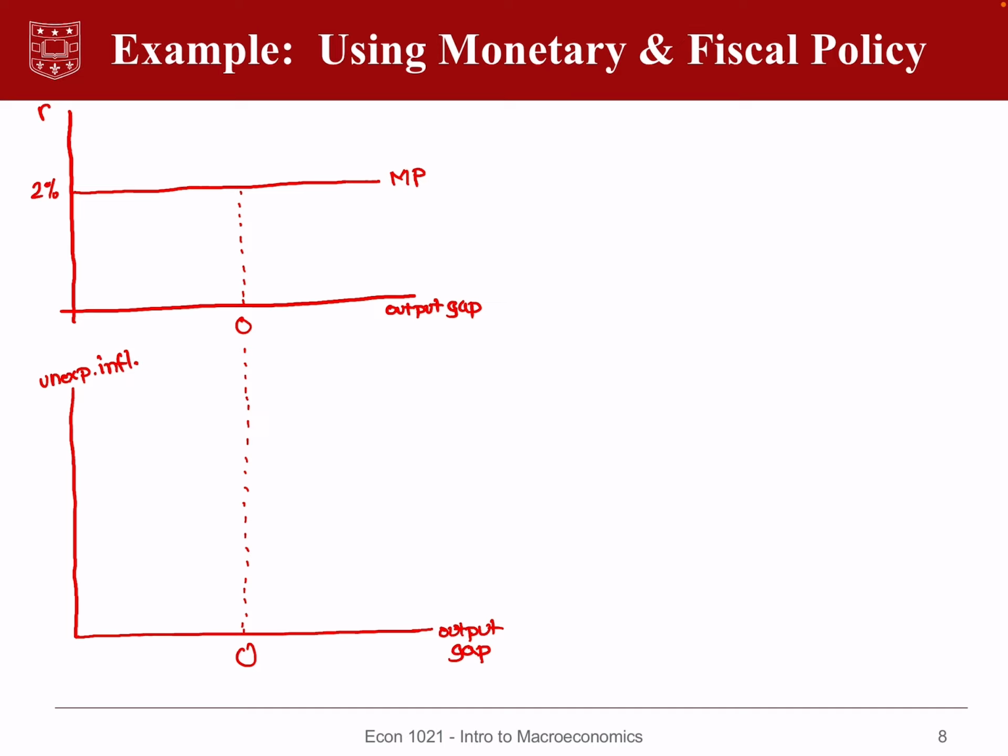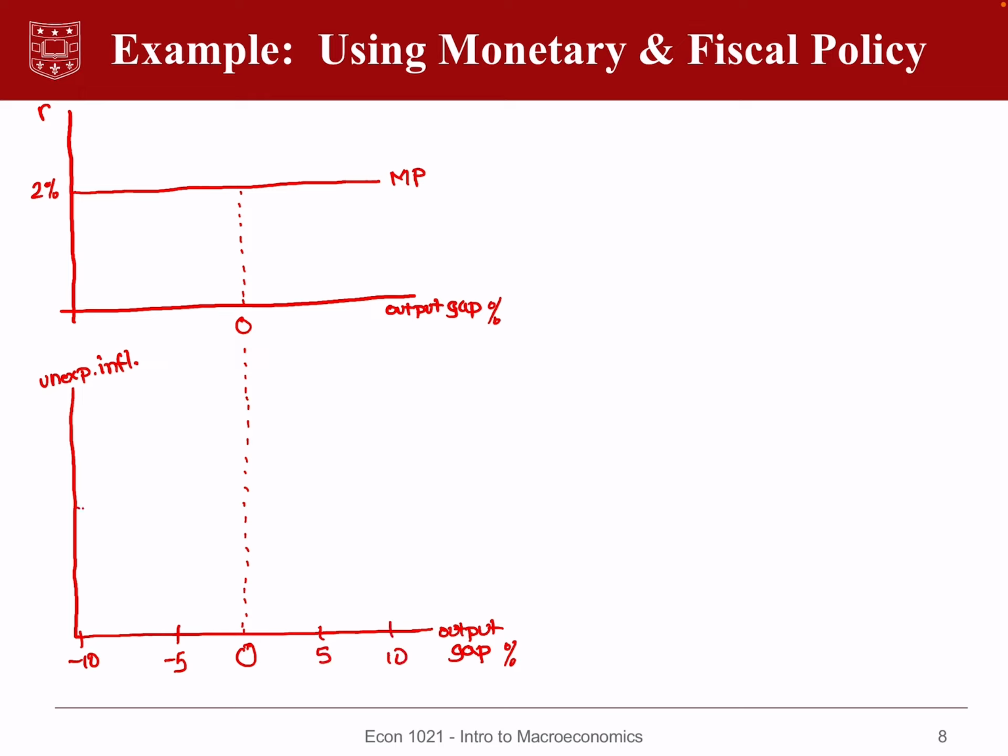And so let me then fill in some other numbers. So this is in percent, right? So let's make this -5 and -10, plus 5, plus 10.